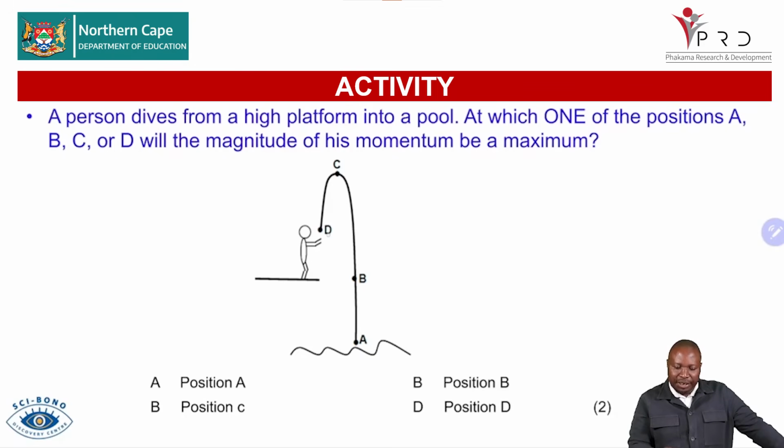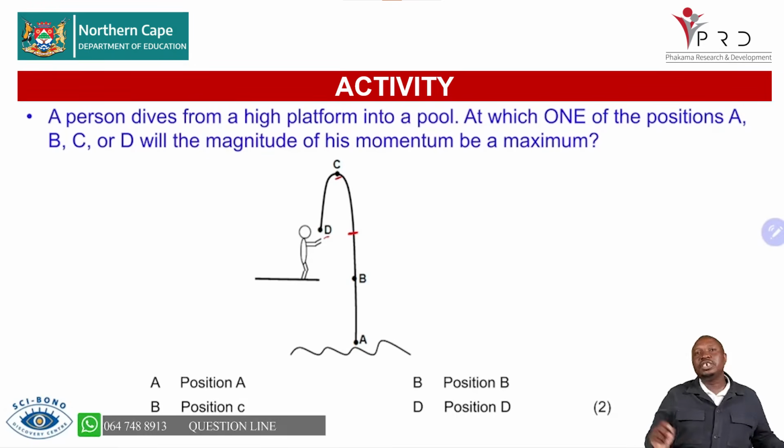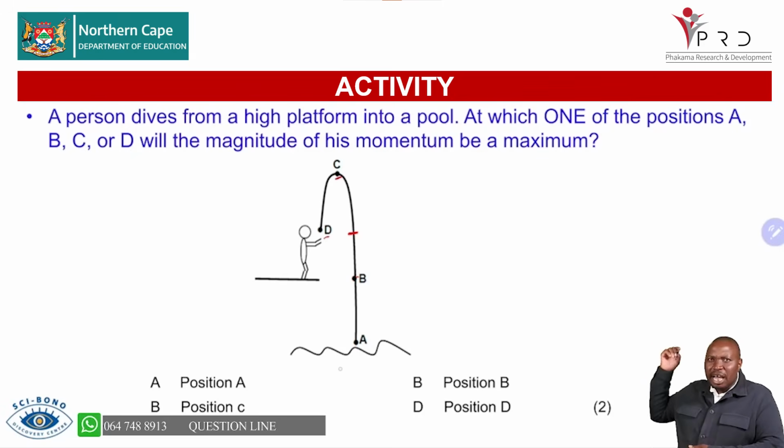So you know that from D to maximum height C, velocity was decreasing. Now, when we come back to where the person dived from, we are saying the velocity is equal. Remember, we talked about time symmetry and velocity symmetry. So the velocity now is equal there. At B, the velocity is increasing. At A, just before he hits the water, the velocity is maximum.